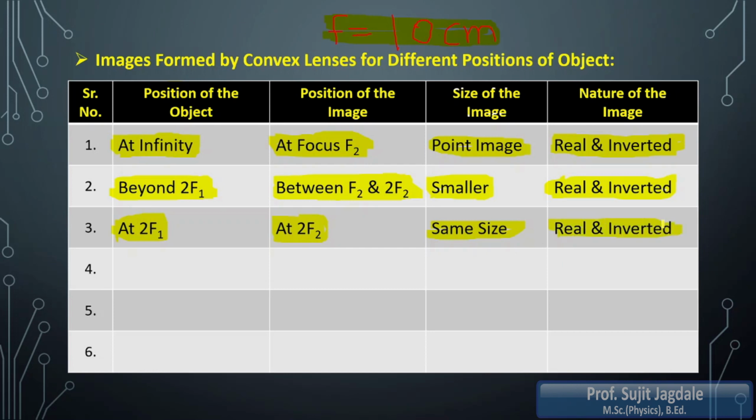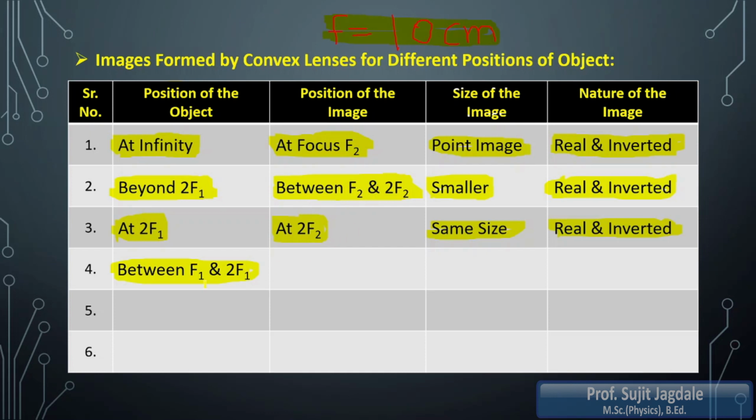Now the next one is within twice f1. Between f1 and twice f1, that means 10 to 20 centimeter, like we considered in the second case between f2 and twice f2. So reverse cases are there.